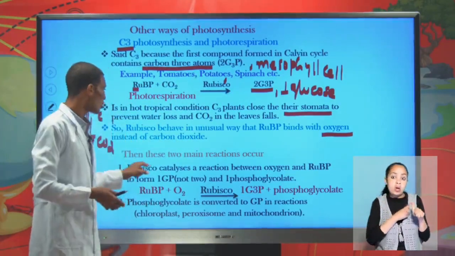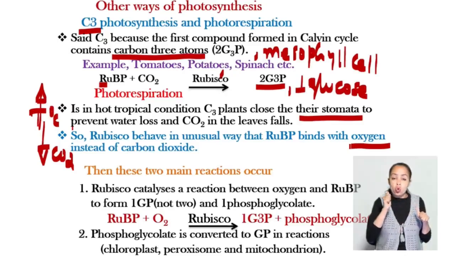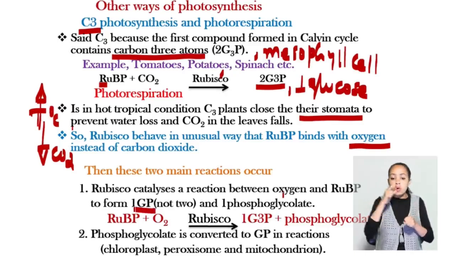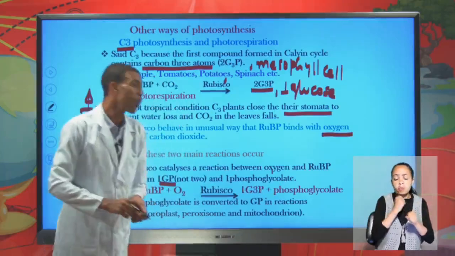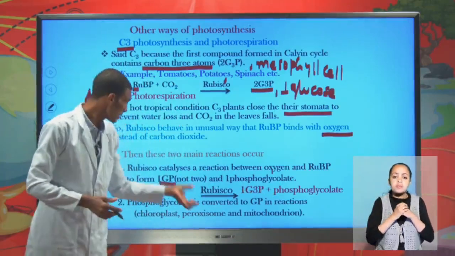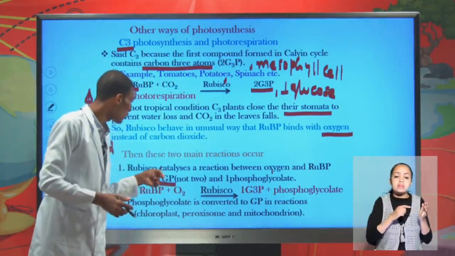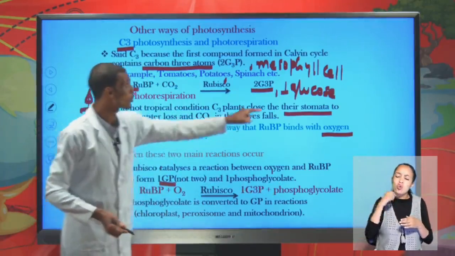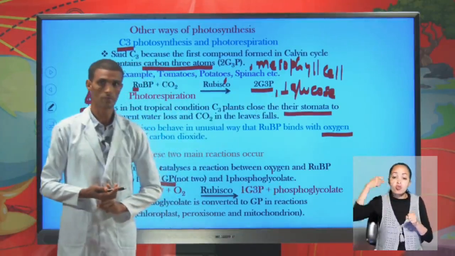One is Rubisco catalyzes a reaction between oxygen and ribulose bisphosphate instead of carbon dioxide. And again, there is a formation of 1 glycerate-3-phosphate instead of 2 glycerate-3-phosphate, and formation of another, 1 phosphoglycolate. The glycerate-3-phosphate formed in this process is not efficient and effective for production of a glucose molecule.